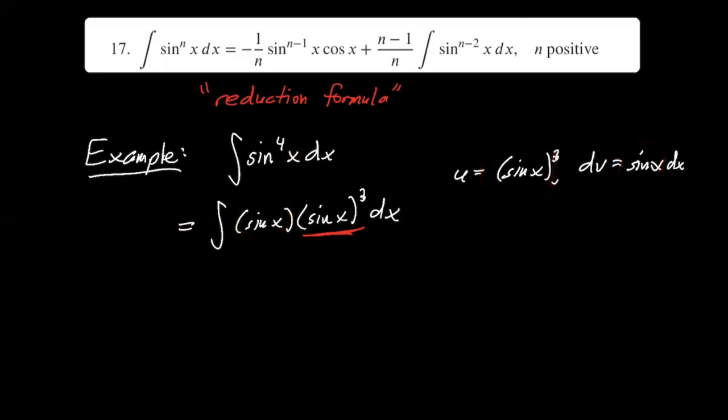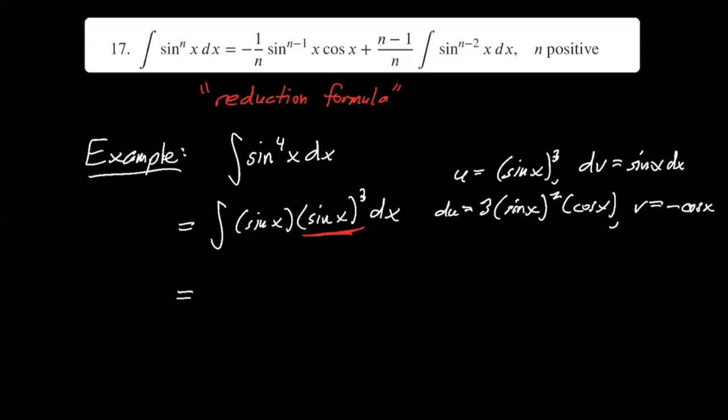Okay, so the du, well, this is the chain rule. So this is 3 sine x squared times the derivative, which is cosine x, right? And then the v is the antiderivative of sine, which is minus cosine. Okay, so this is going to look kind of bad, but let's just try it and see where we get.